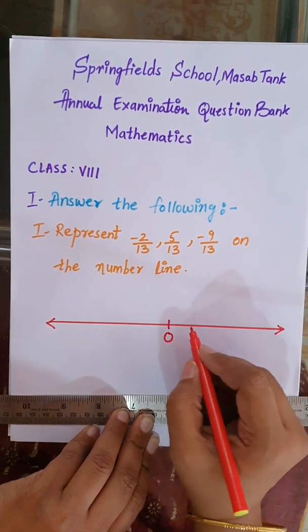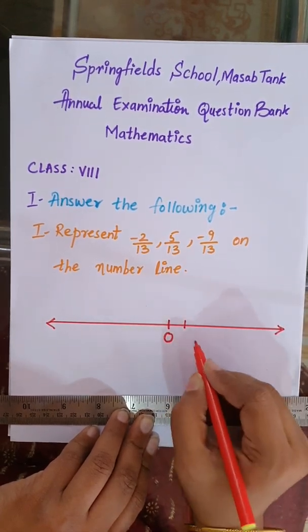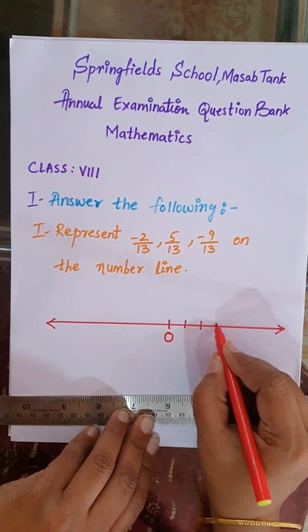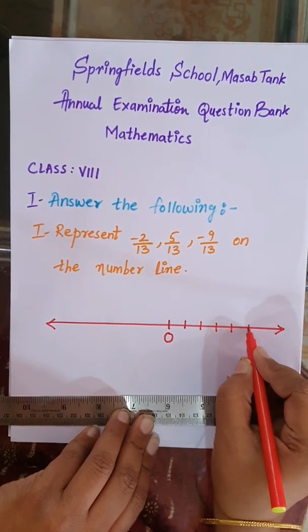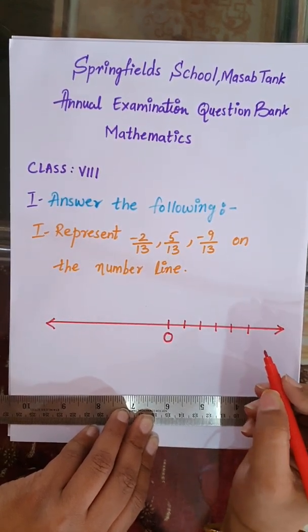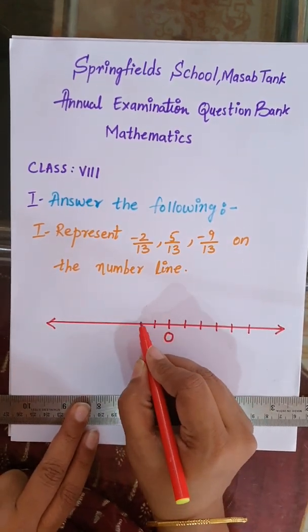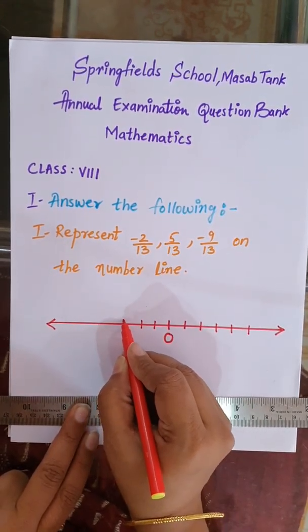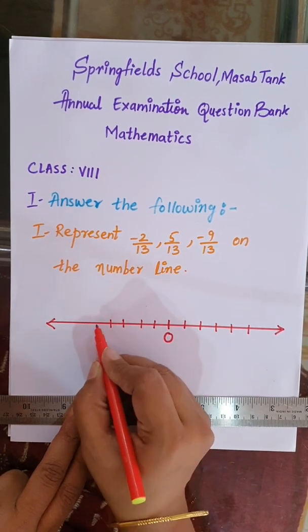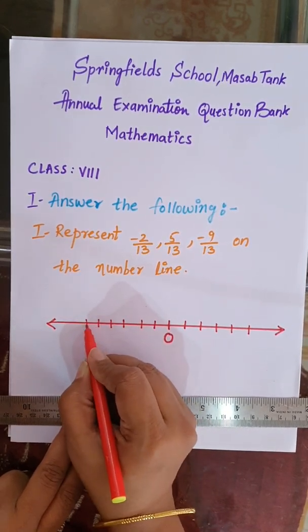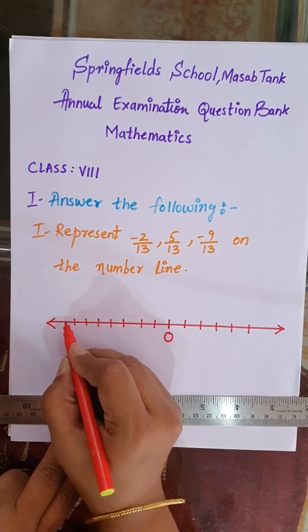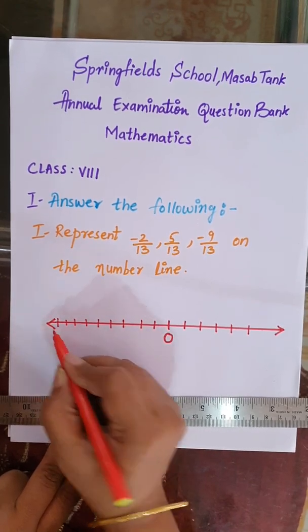On the right side you have positive numbers, that is 1, 2, 3, 4, 5. Okay, and on the left side you have negative numbers, minus 1, minus 2, minus 3, minus 4, minus 5, minus 6, minus 7, minus 8, minus 9.